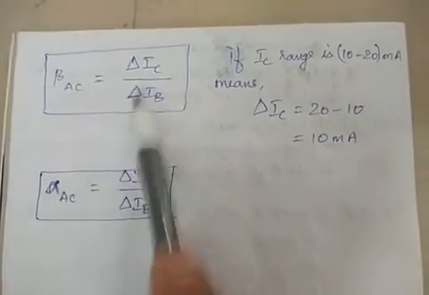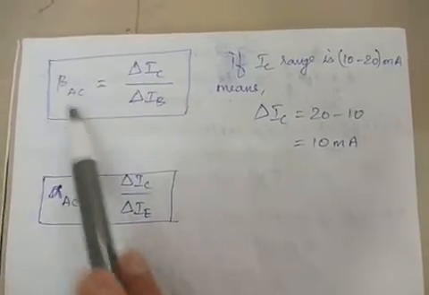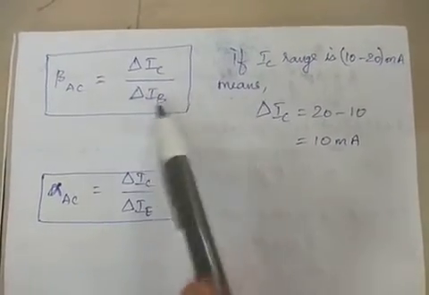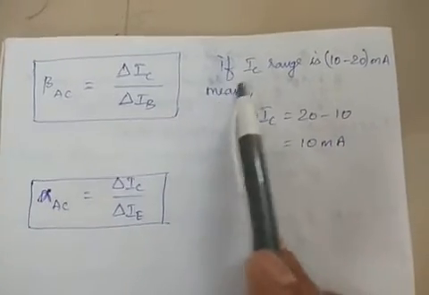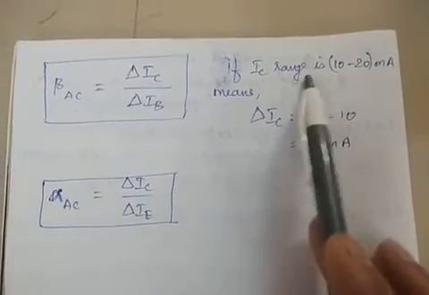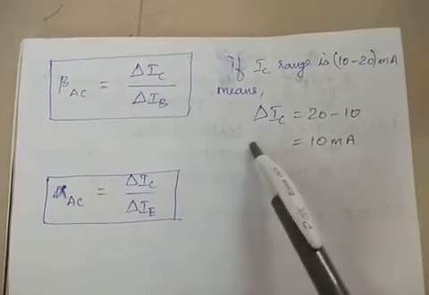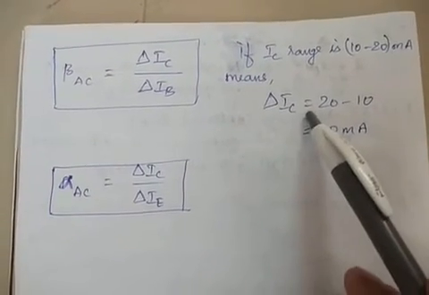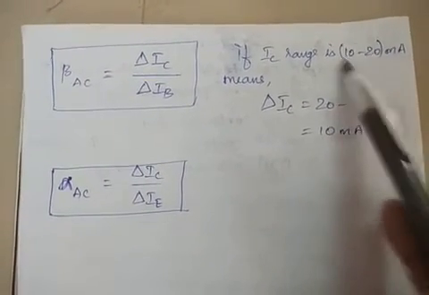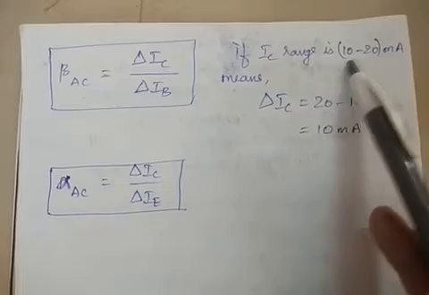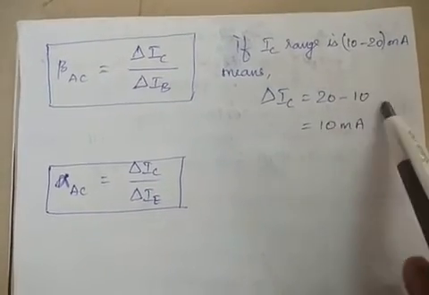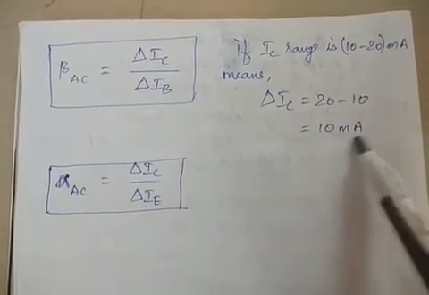Generally we know beta equals IC by IB. AC beta means del IC by del IB. See here one example is given. Suppose the IC range is 10 to 20 milliamps, means del IC you can calculate by finding the difference between the upper value and the lower value. See 20 minus 10, so del IC equals 10 milliamps.